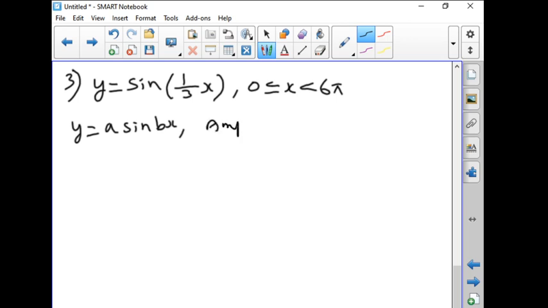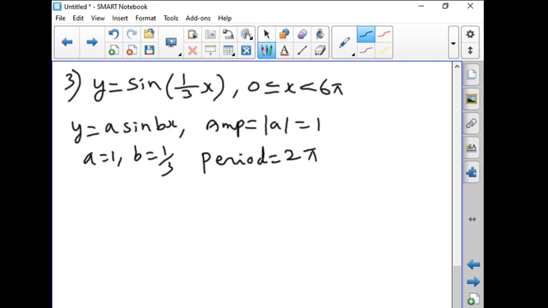Amplitude is a, which is equal to 1 here, and b is equal to 1 by 3. So amplitude is equal to mod a, which is equal to 1, and period is equal to 2 pi by modulus of b, which is equal to 2 pi by 1 by 3, which is equal to 6 pi.